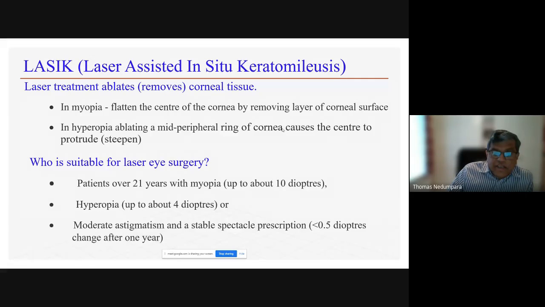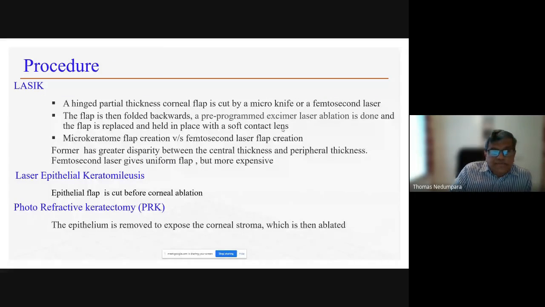So patients, anybody over the age of 21 is suited for this treatment. Procedure. A hinged partial thickness corneal flap is cut by a microkeratome or a femtosecond laser. The flap is then folded backwards and a pre-programmed excimer laser ablation is carried out.